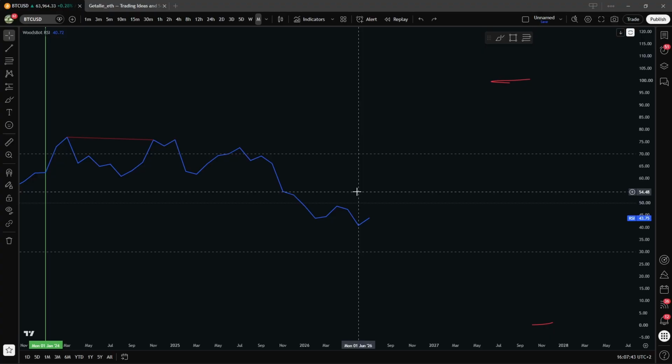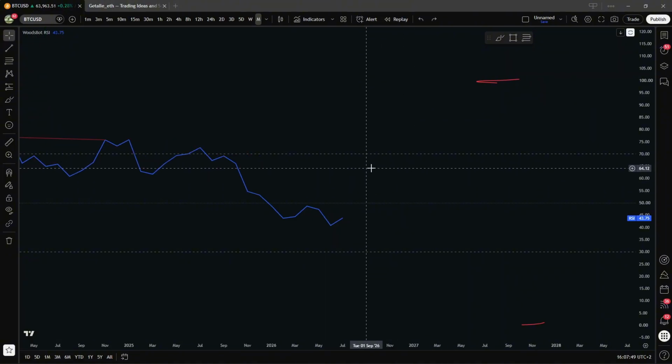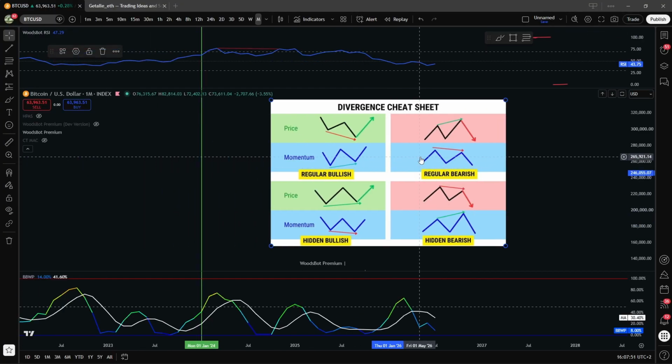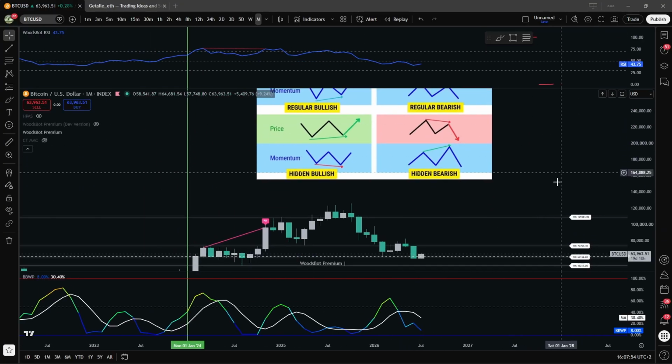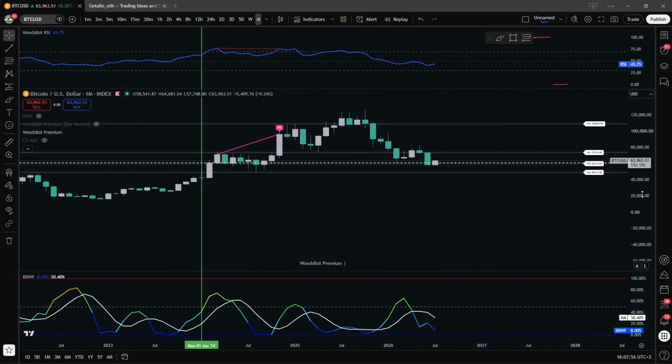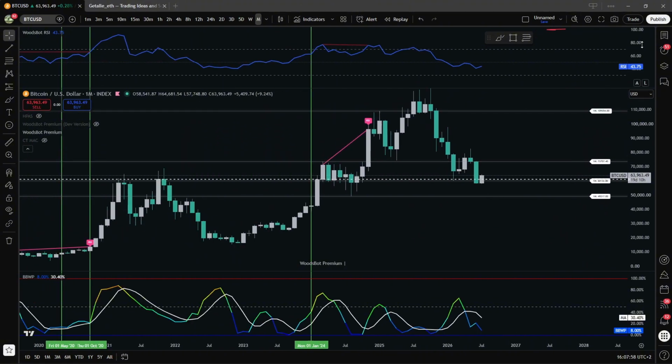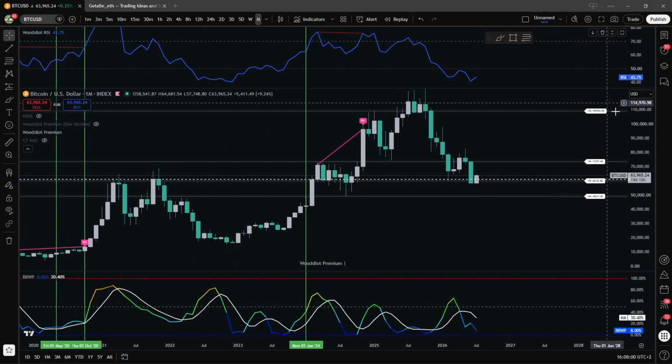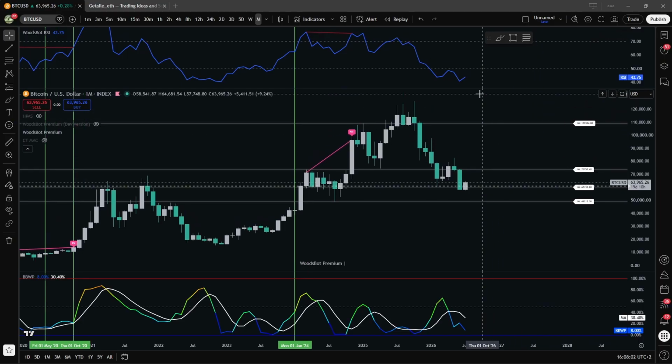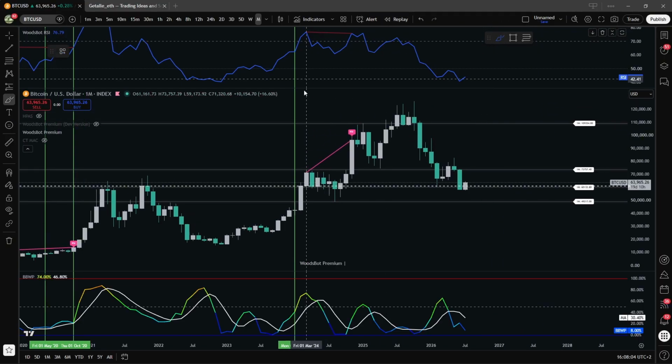First thing is RSI basically mimics price action, and we can see this right here. So we are on the monthly time frame on Bitcoin, and we can see how the RSI is basically mimicking the price action, right?